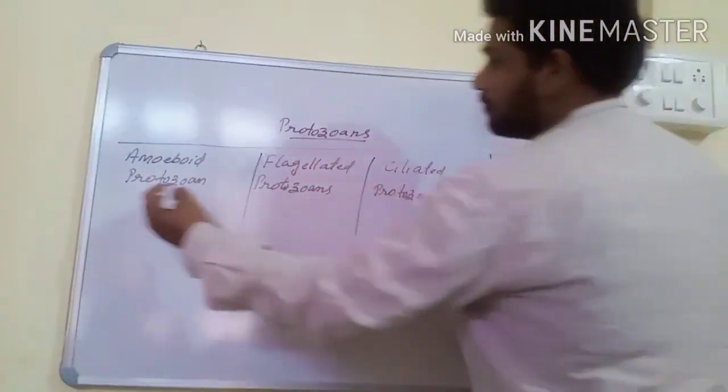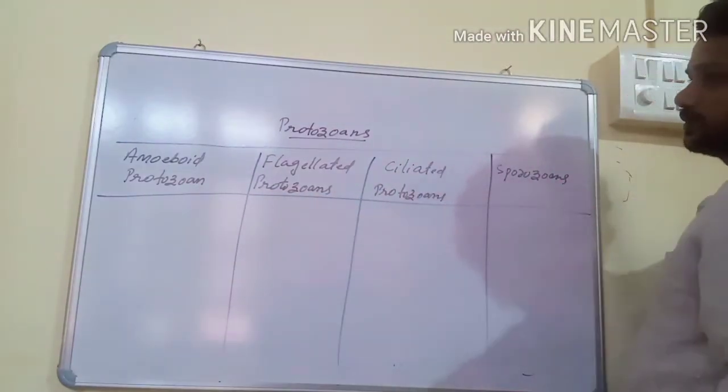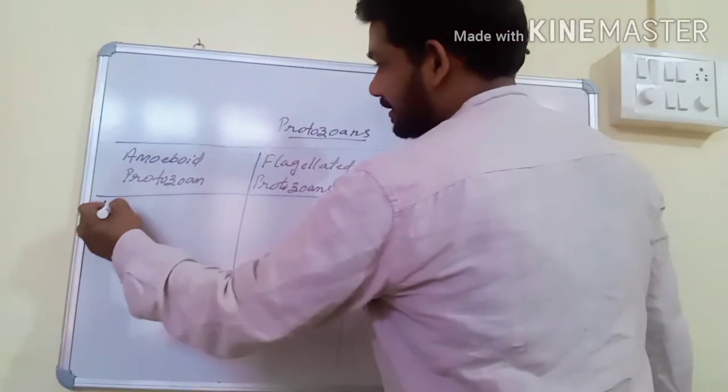These are 4 different types of protozoans. Here we will discuss some important characters: habitat and habit.